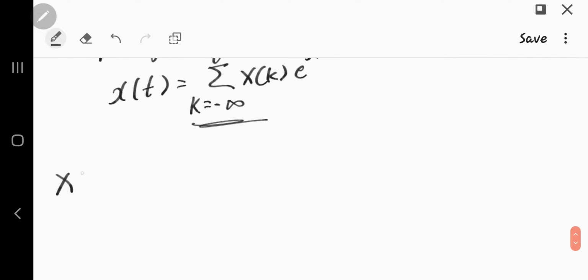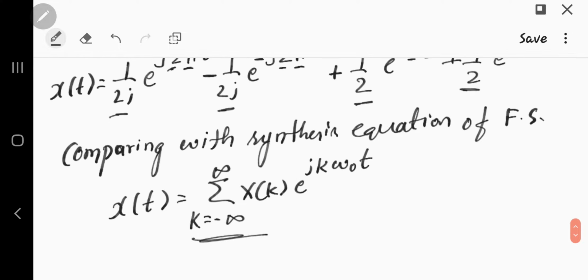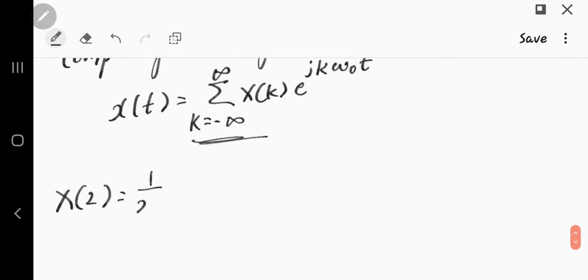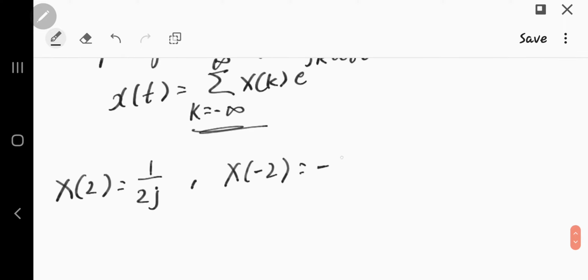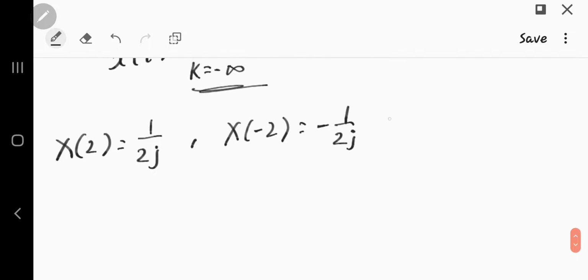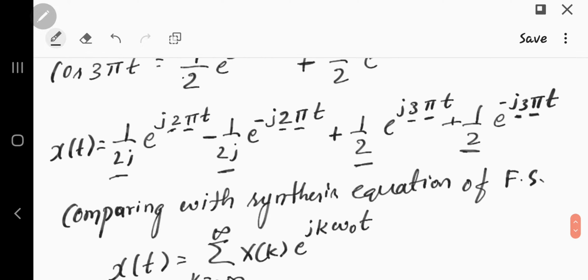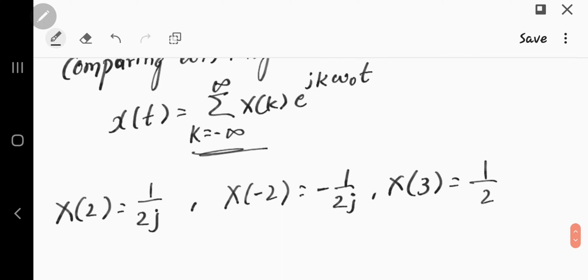Those are: x of 2 is equal to 1 by 2j. The second one is x of minus 2, which is minus 1 by 2j. The next one is x of 3, where 3 is there, and in place of x of k we have 1 by 2.